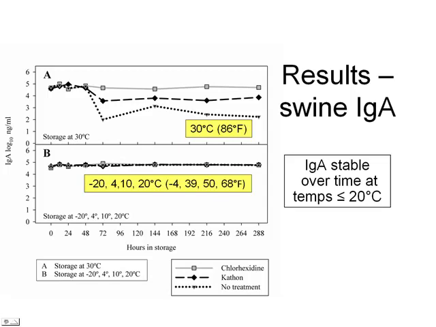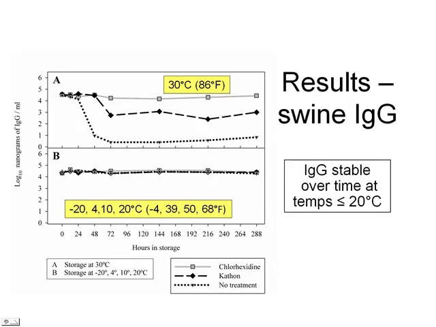We also looked at some isotypes to see, within those declining antibodies, was there a particular isotype that was breaking down more than others. So at the warmer temperatures, it's the same trend, and at the cooler temperatures, and actually 20 degrees fell into this group as well, we weren't losing any of the IgA.